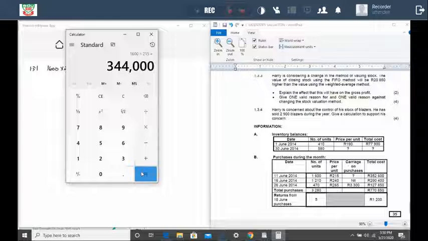But my total cost compared to that was 352,600, which is my total cost.